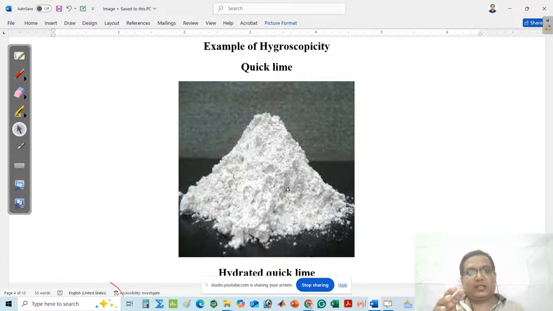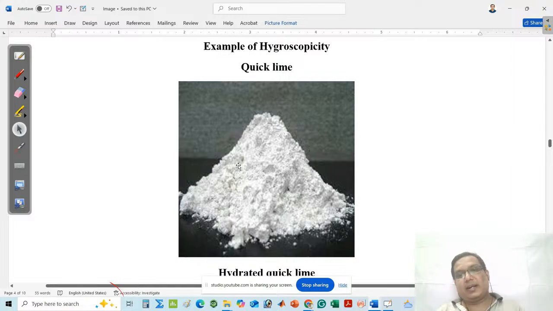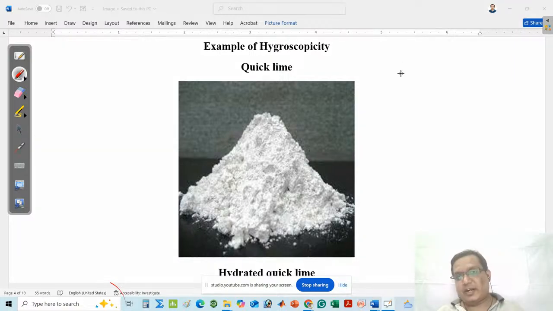Wetted means some water molecules are absorbed by the quicklime, and the quicklime reacts with the water molecules. It may form hydrate. You know what happens? It may form hydrate or hydroxide.